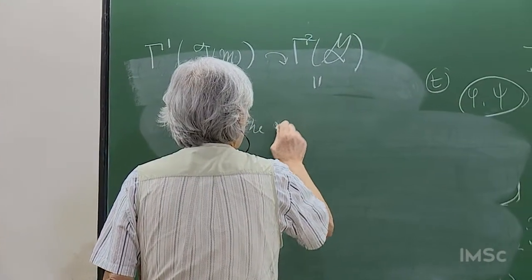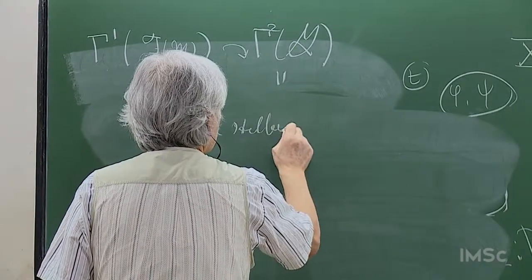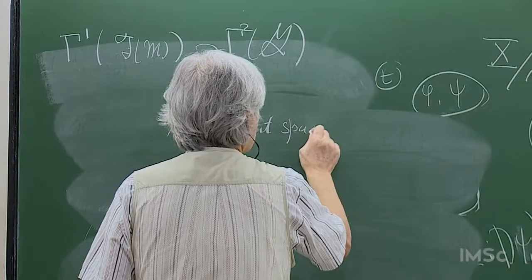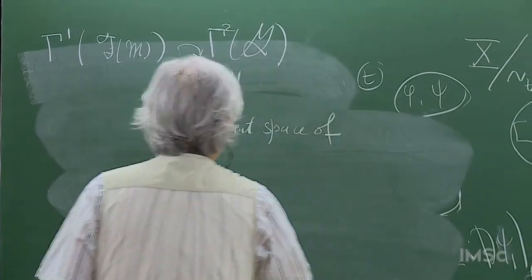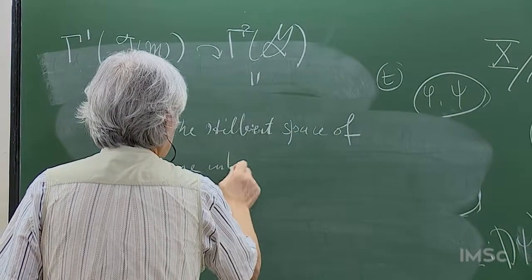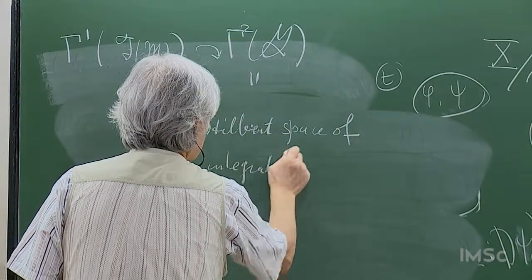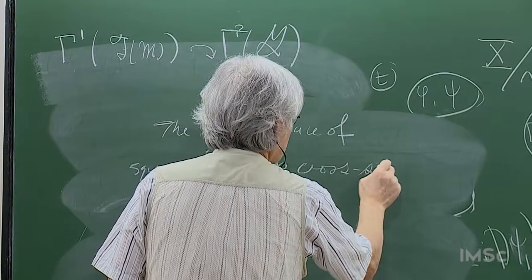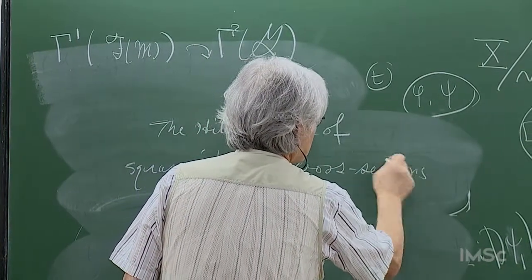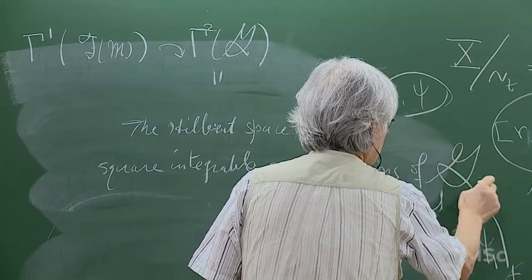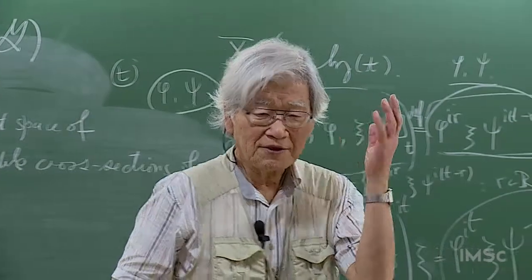The Hilbert space of square integrable cross sections of this G, a disjoint union of Hilbert spaces.